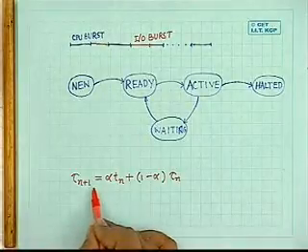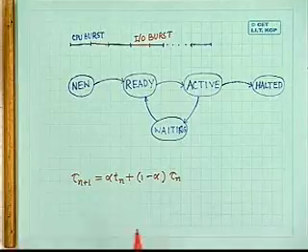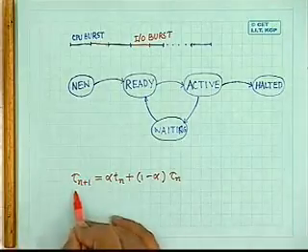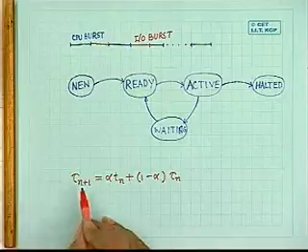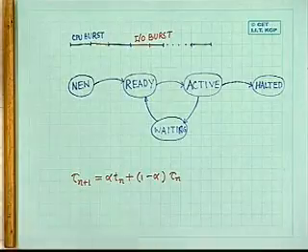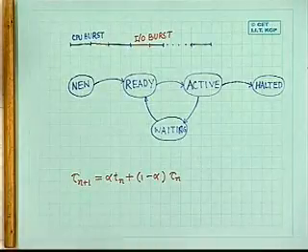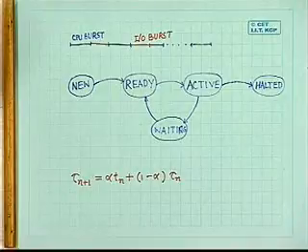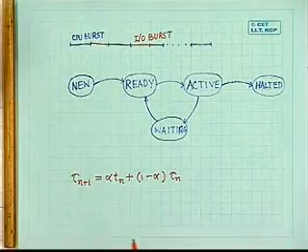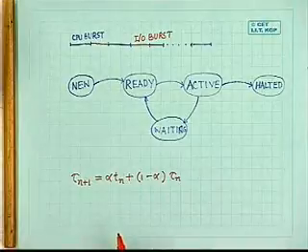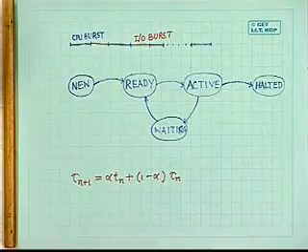Okay. So once we can predict this, I can use this predicted value, the predicted CPU burst duration, to be used by the SJF algorithm. Now the question is, how do you get the first CPU burst duration?